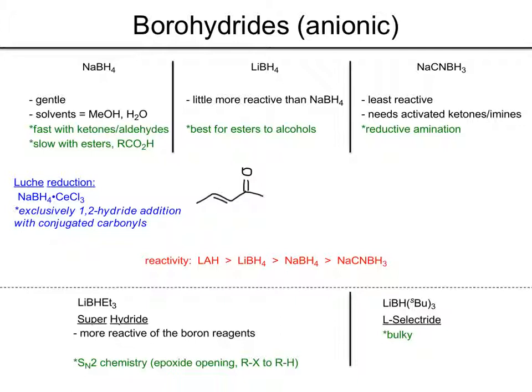In this case, we usually use the Luche reduction, which is sodium borohydride mixed with cerium trichloride, and it results in exclusive 1,2-hydride addition with conjugated carbonyls to give you the allylic alcohol. So this is a really good way to make allylic alcohols, especially if you want to use it for something like Sharpless reduction.